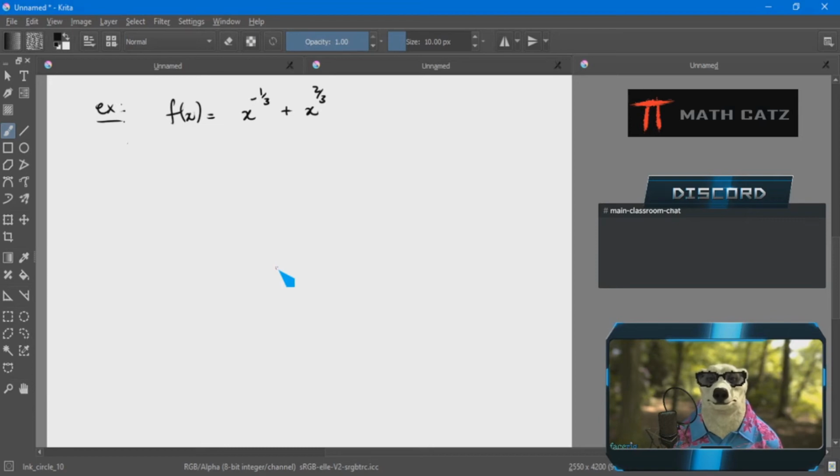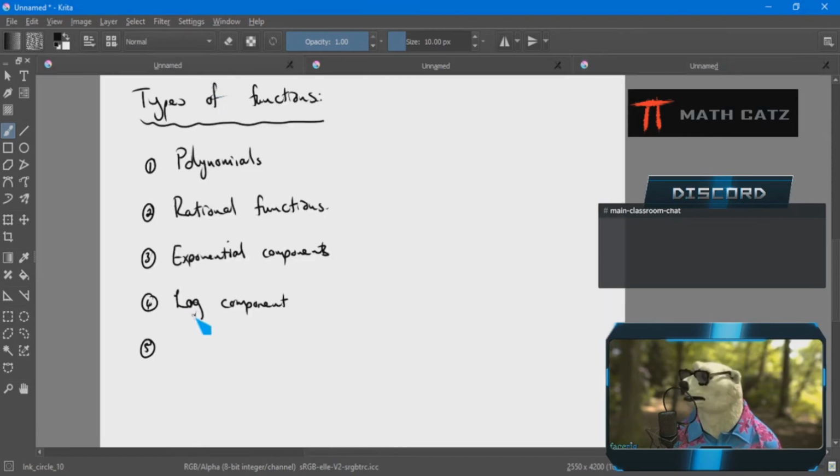If there is a fraction power of x, that's something else. Now, luckily, we can group the negative and the fraction powers all together. It doesn't matter if there are negative numbers. It's the issue of having fractions in my exponents. So I'll just call this fraction powers of x.